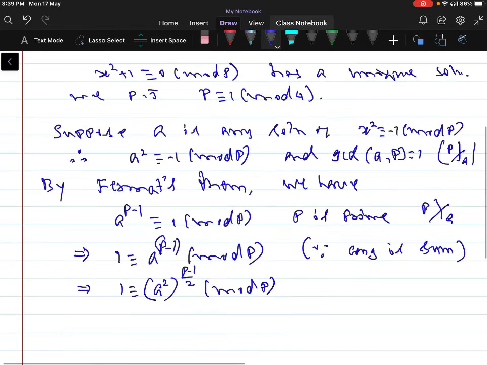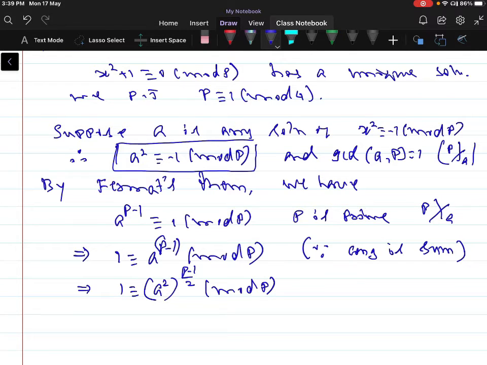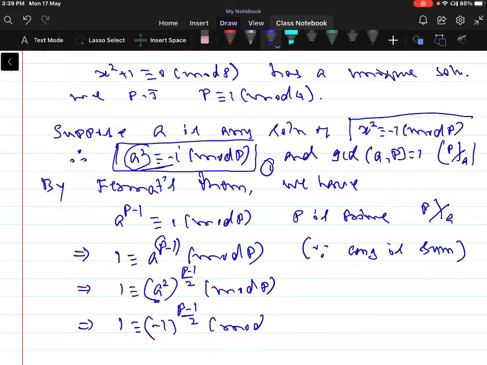You know, from this relation, a is a solution of the quadratic congruence, so therefore you can write a squared is congruent to minus 1 modulo p. In place of a squared, here we can write minus 1. So by using this result, 1 is congruent to minus 1 to the power of p minus 1 by 2 modulo p.